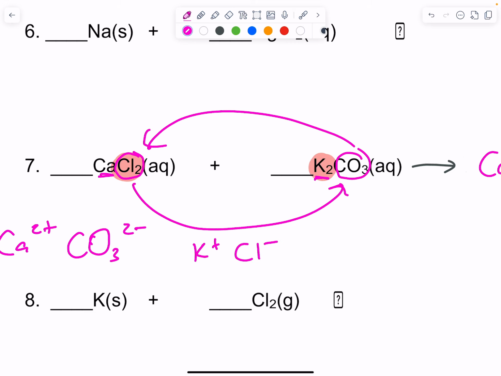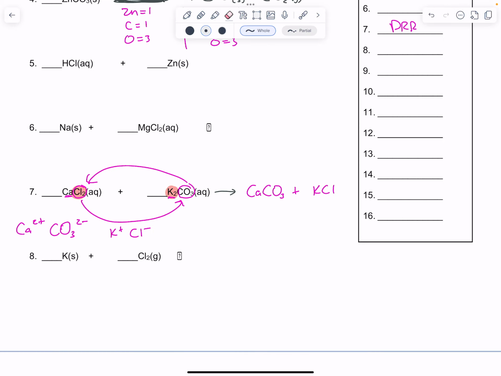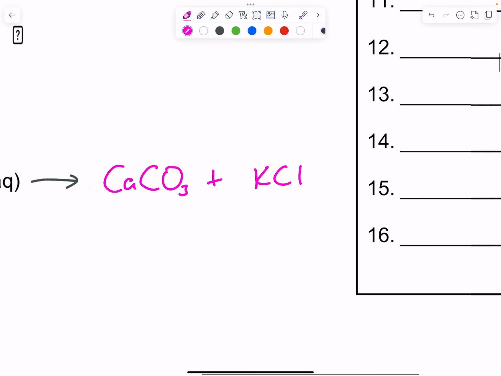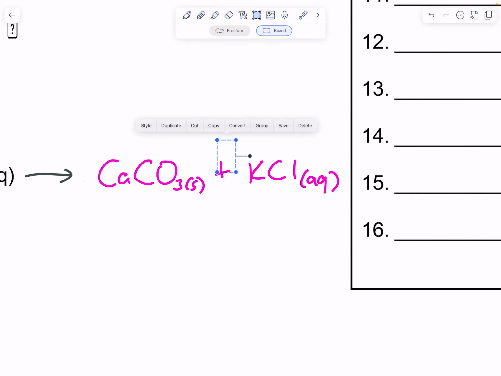Potassium is plus, Cl is minus, that is KCl. Okay? Good. My products are written. Next, I have to balance it and write my states of matter. Okay? You should have your reference sheet in front of you for this. This is aqueous. And I believe that CaCO3 is a solid, but let me check. Is calcium carbonate aqueous or solid? Solid. I'm right. I know everything. Okay, great. So, there's my states of matter.